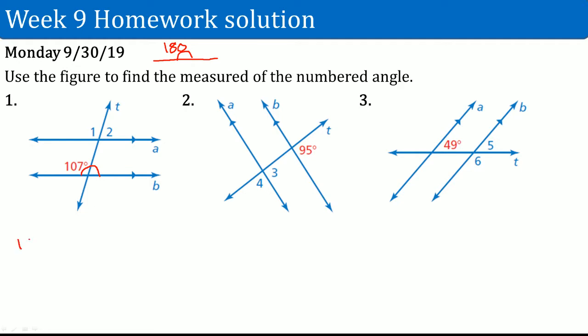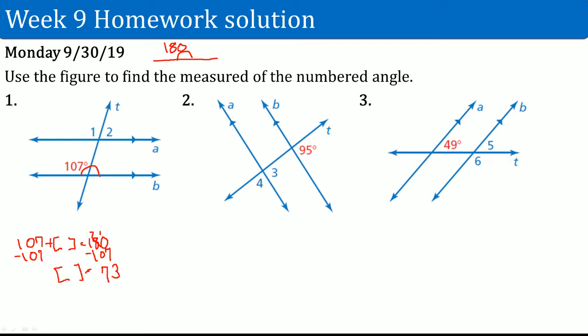We know that 107 plus whatever value this is, I'm just going to put a box here, has to be equal to 180. So I'm going to subtract 107 from both sides, and whatever is in the box is going to be equal to 73. 180 minus 107 is 73.